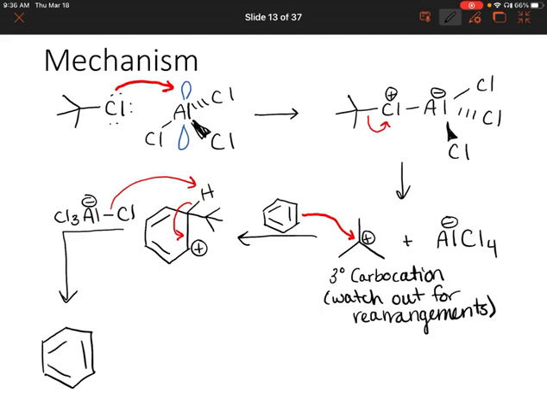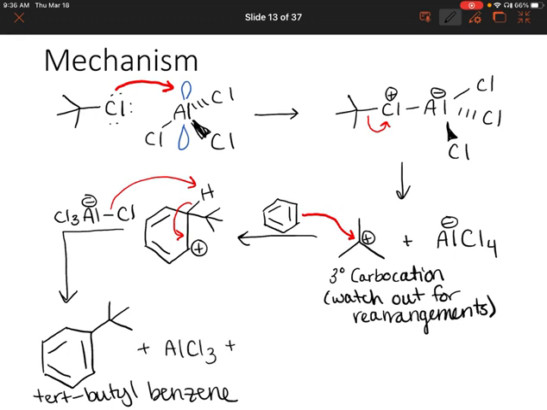And we get our final product, which has a tert-butyl group on the benzene ring. So this is called tert-butylbenzene. Now, we've also reformed our catalyst, and we also formed some hydrochloric acid.